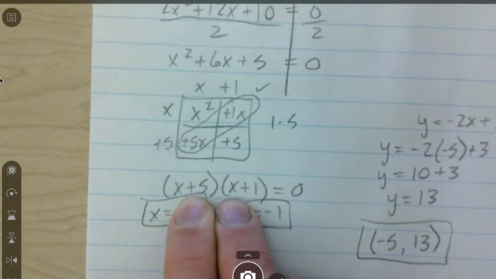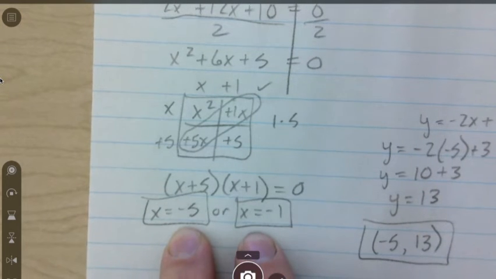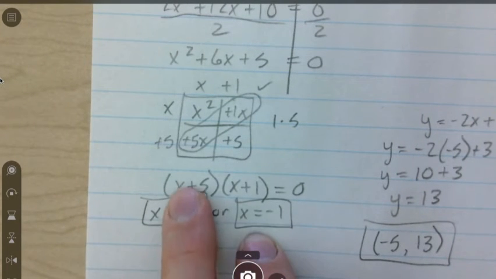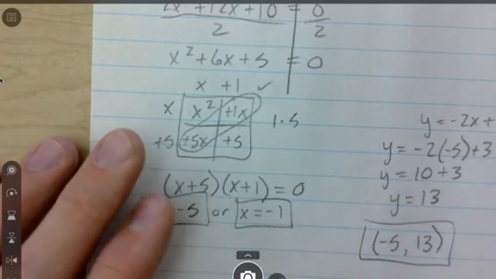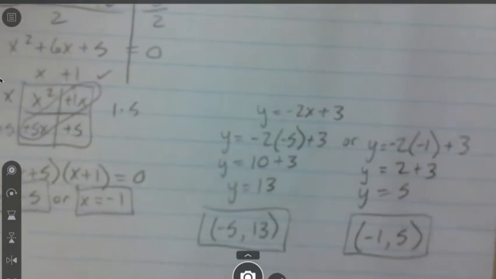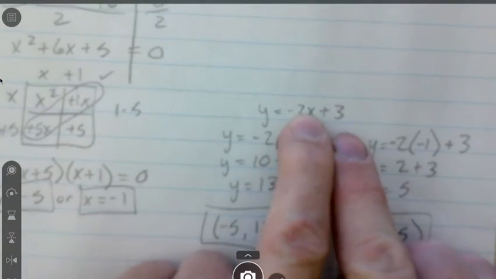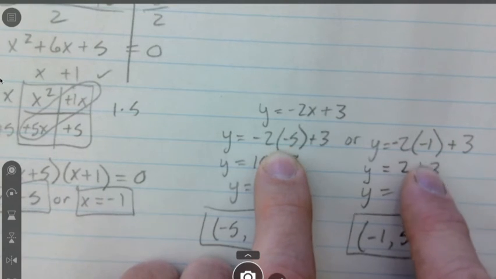But just like when we were finding x-intercepts, because this equals 0, just make sure you take a look and say, oh, in this case, -5 and -1 would be the things that make this 0. And then we took one of our equations, the linear equation, because it's easier to use, and we said, what if x is -5? What if x is -1?